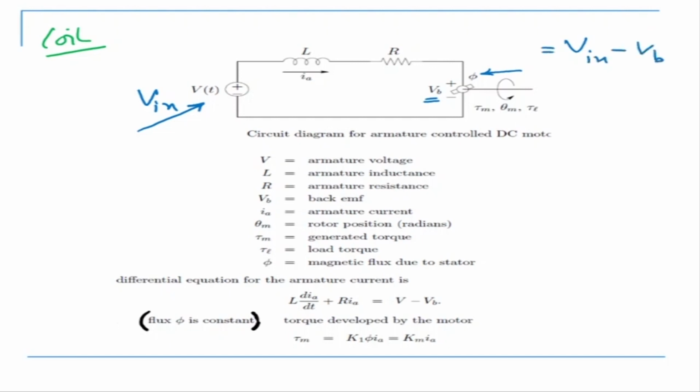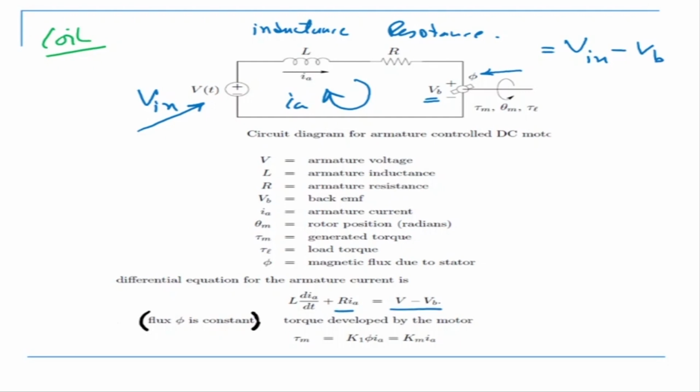Okay, in the armature, there are coils, right? So there is an inductance and a resistance in the coil, and there is a current which is flowing, which is IA. If I use Kirchhoff's law, basically what we get is L di by dt plus R of IA is equal to V minus VB.